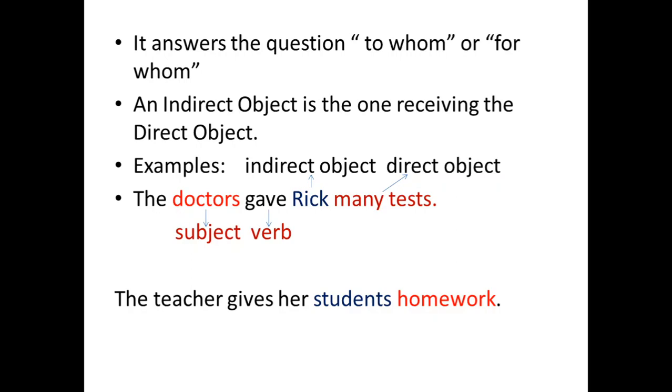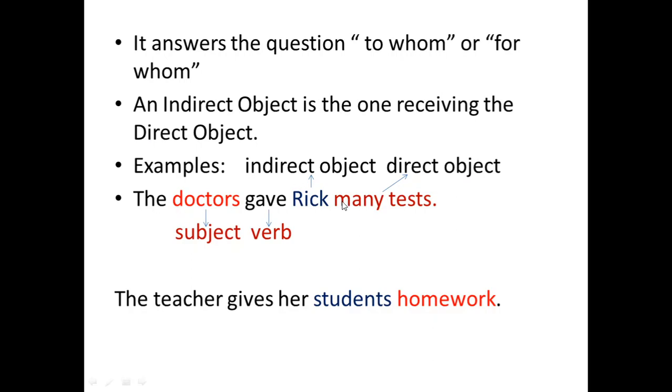And who is going to receive the homework? Or we can use to whom or for whom. So again, students will receive the homework. As we said here, an indirect object is the one receiving the direct object.